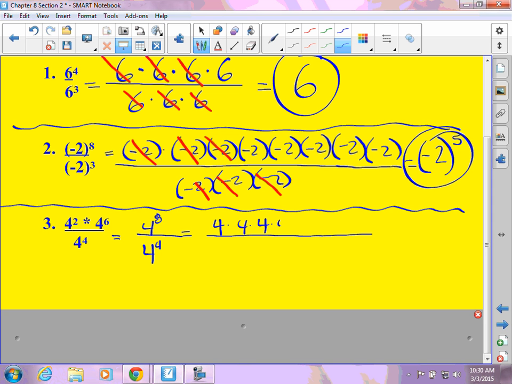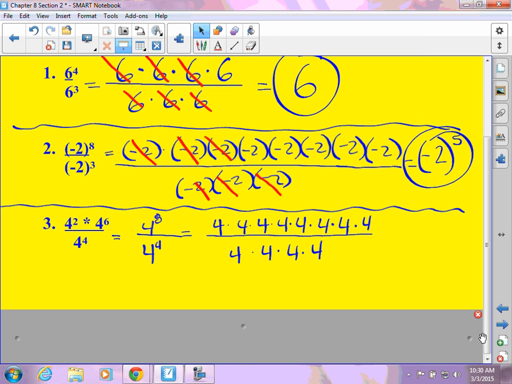And how many in the denominator? That's right, there's 4. Love these rules. And then we get to cross out. How many 4's do I have? 4 to the 4th.